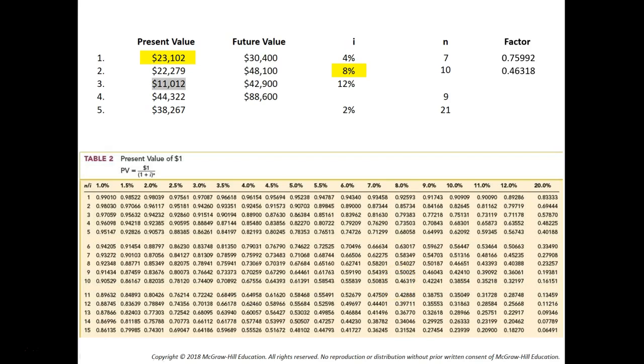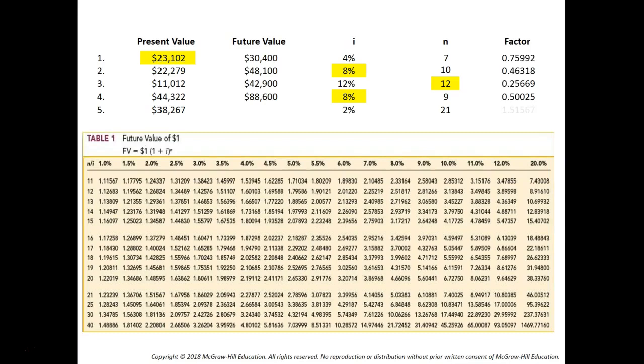Next, we know the present value and we know the future value, and our interest rate is 12%. So we are given the factor of 0.25669, and as a result of that, we can calculate the number of periods is 12. Again, if we know the present value and we know the future value, we can then create the factor when the number of periods is 9, and that gives us the 8% interest rate.